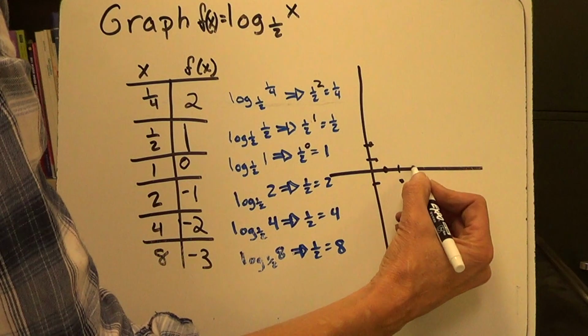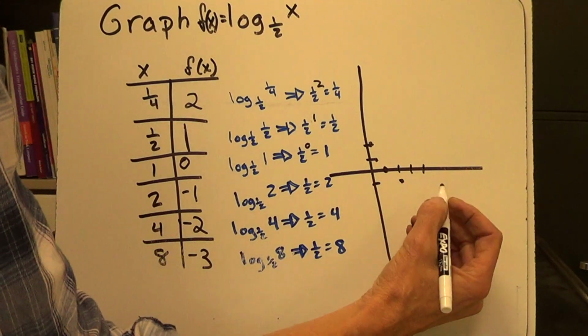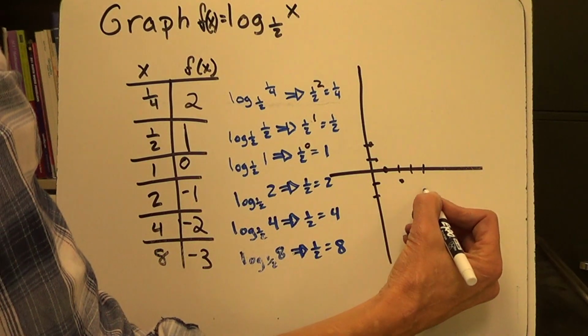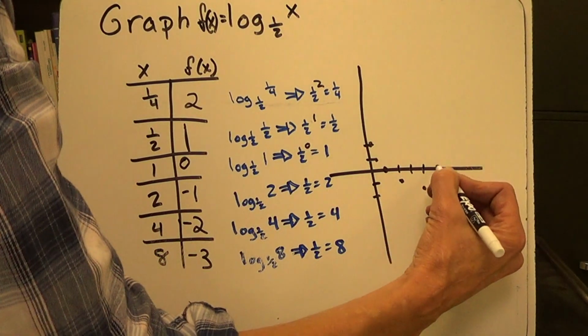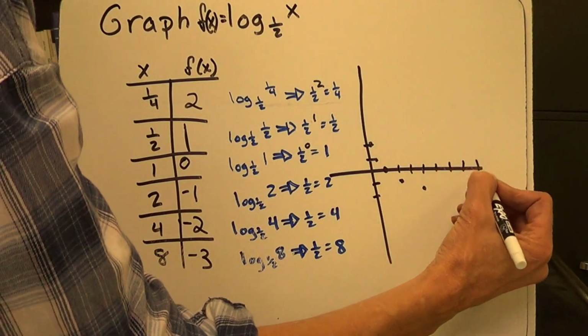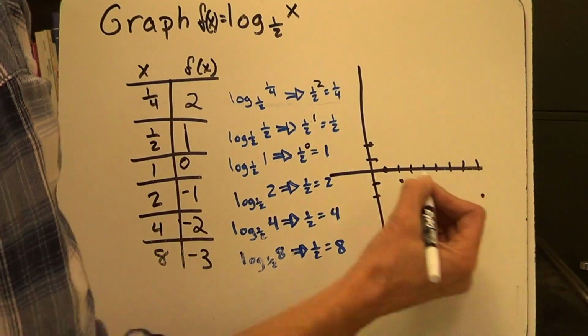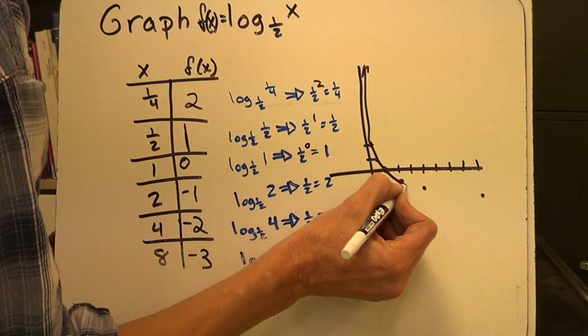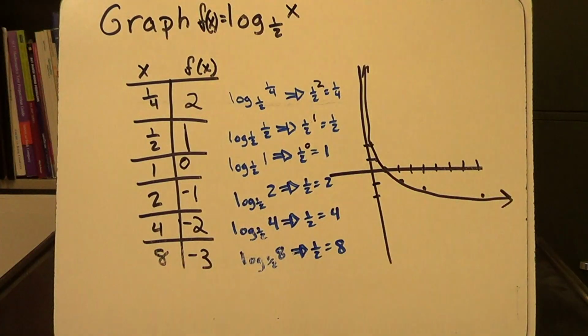And at 4, I'm at -2. And at 8, I'm down at -3. So you can see that's a sketch of my log. Okay?